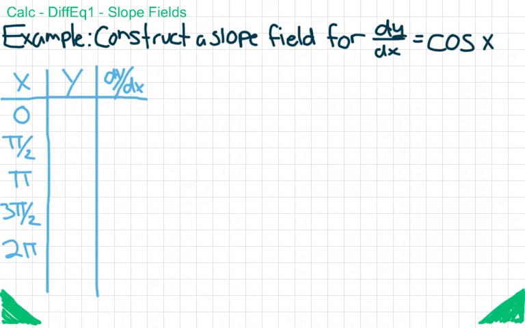If you're taking notes on this video in a booklet, you may want to create your table going sideways, meaning x, y, dy dx going down, and then you'd have this table going horizontally.